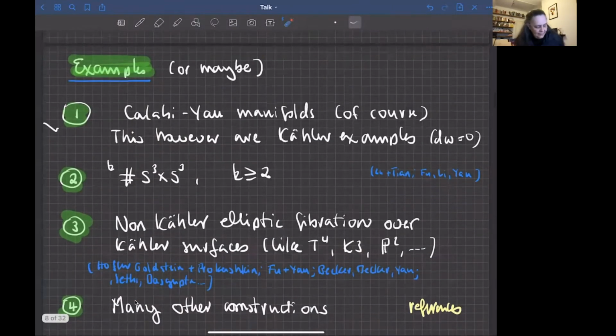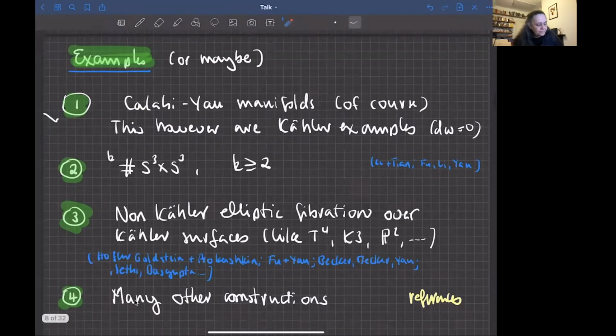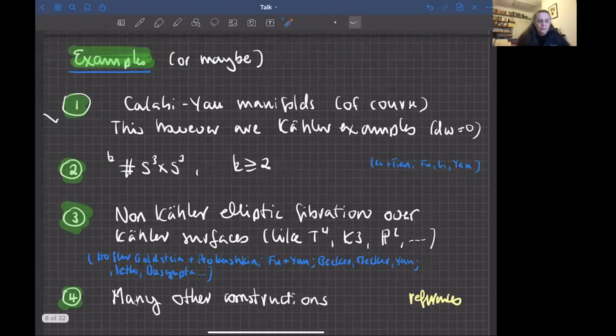So before saying more about moduli spaces or anything else, it's good to discuss examples. Or examples that are maybe examples, so it's not clear, right? So Calabi-Yau manifolds, of course, are examples, except that these are Kähler, so dω is 0.